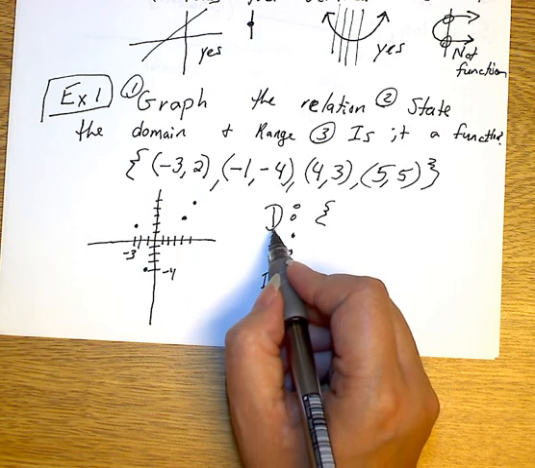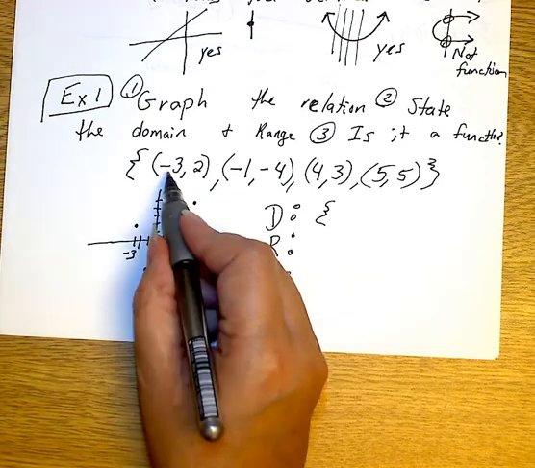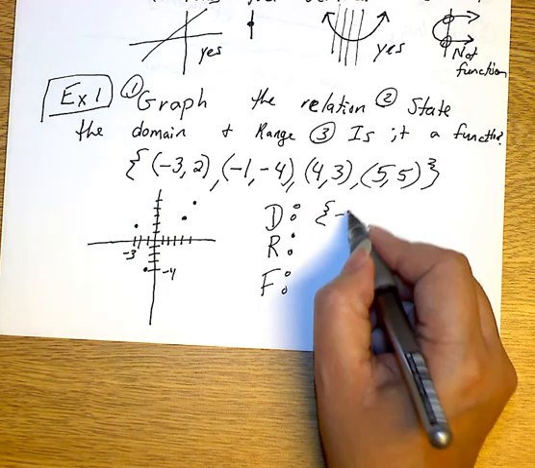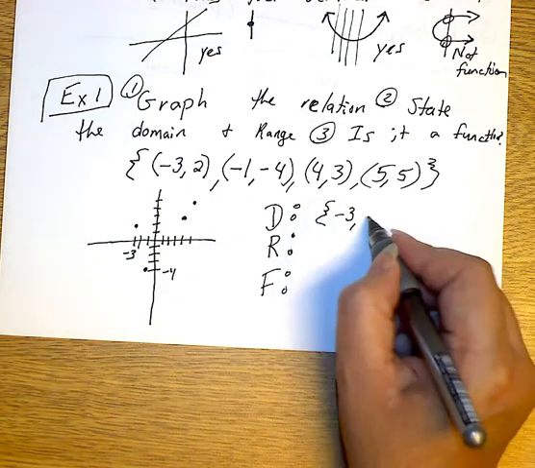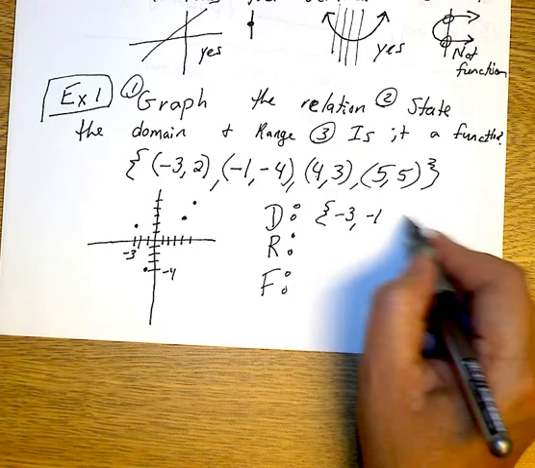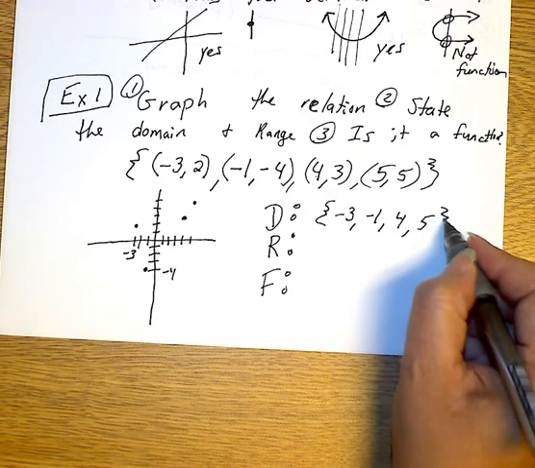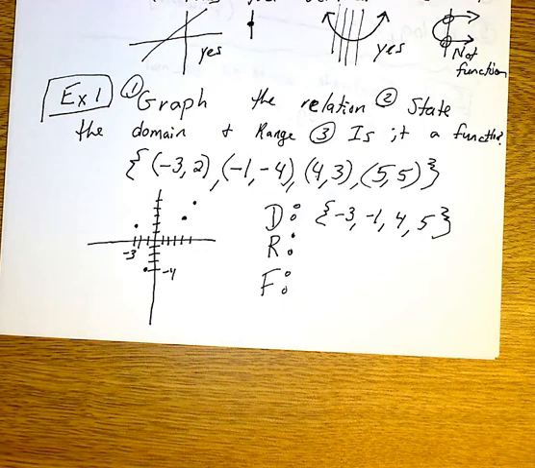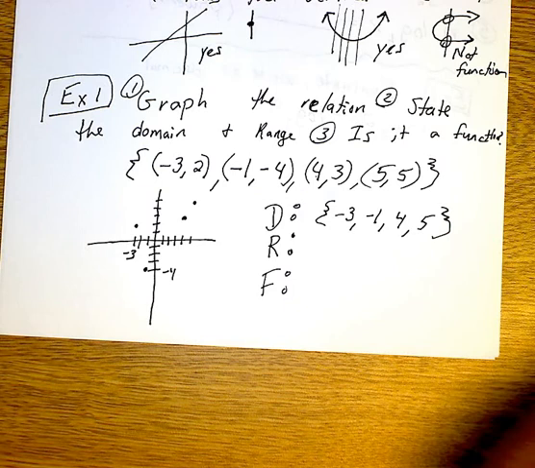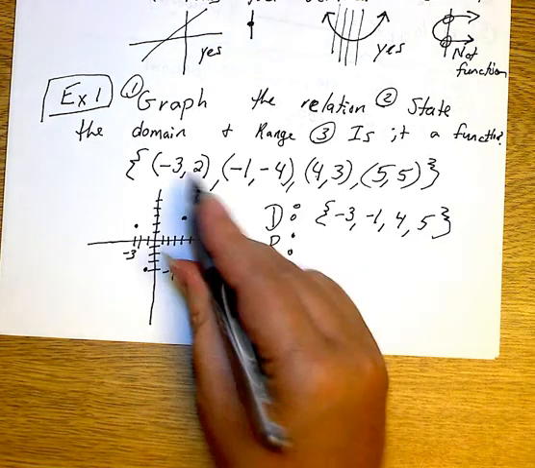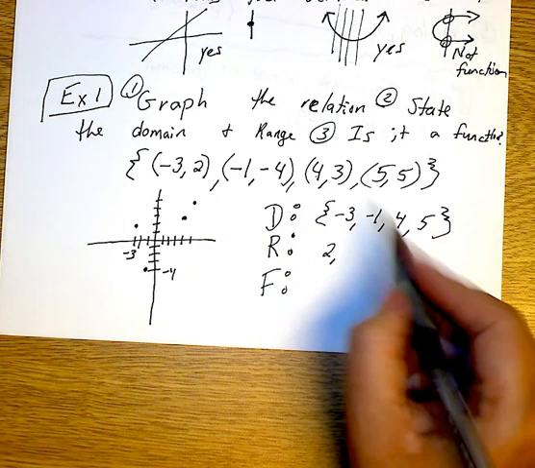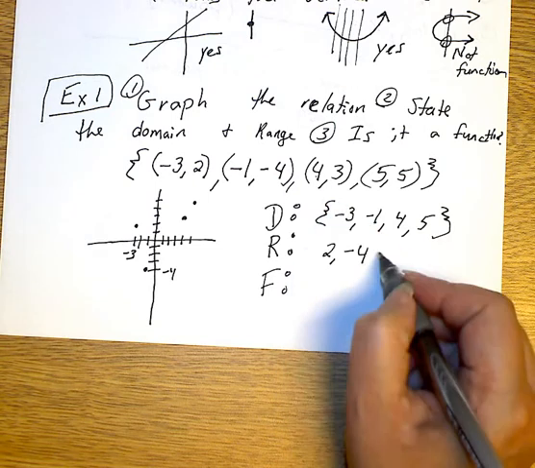D is my X. So I have -3, -1, 4, and 5. My X values. Range is your Y's. So we have 2, -4, 3, and 5.